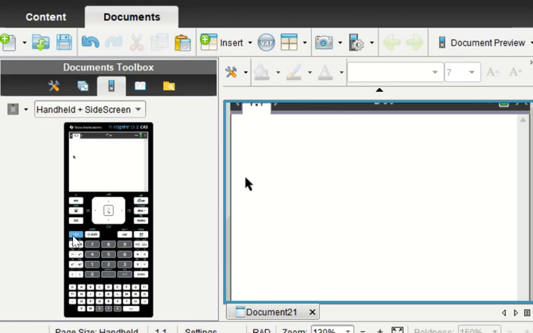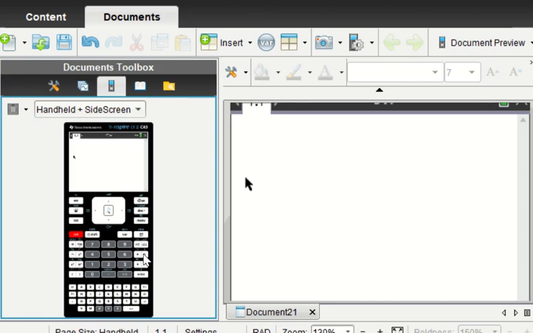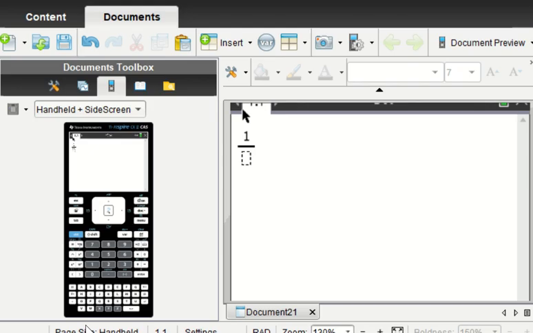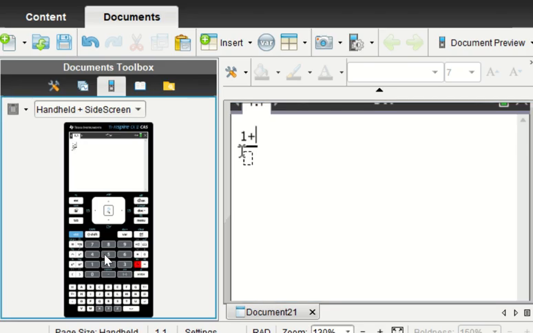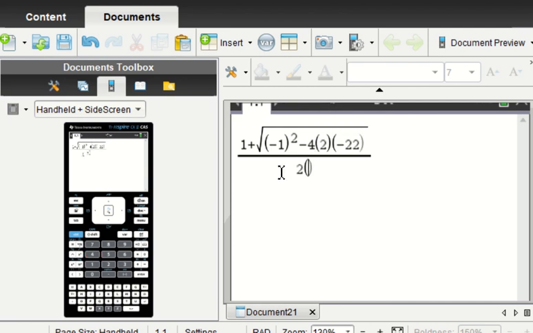I'm just going to start with a fraction, control divide, and then opposite b. But my calculator doesn't have a plus or minus button. So I'm going to start with 1 plus the square root, b squared minus 4ac, all over 2 times 2.